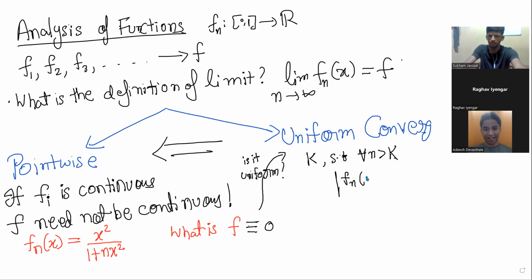If I just take mod of fn of x, I can write it as 1 over x square plus n.